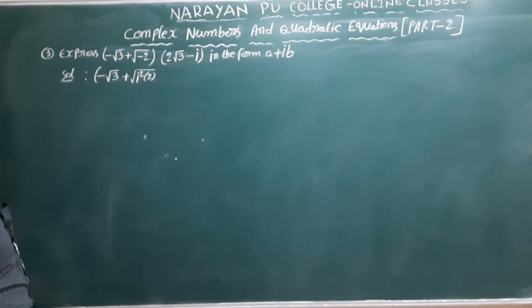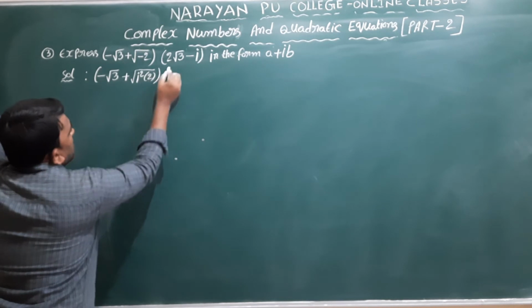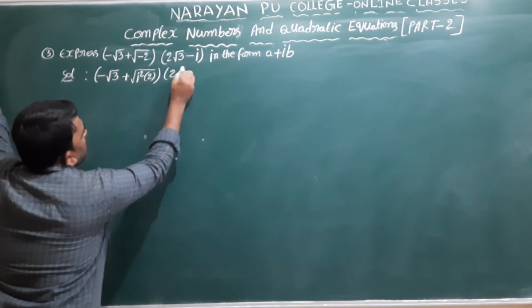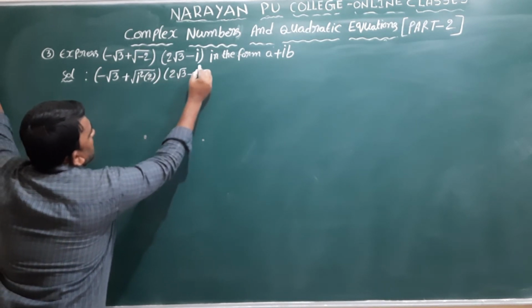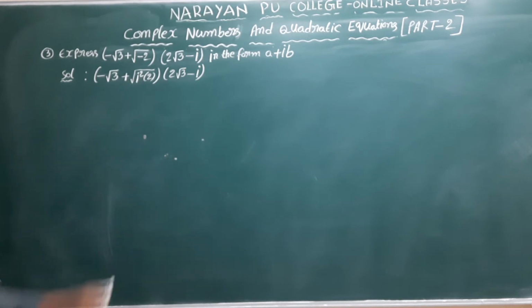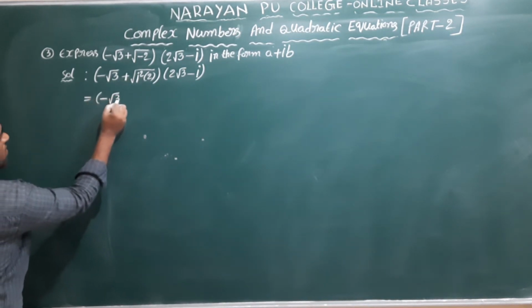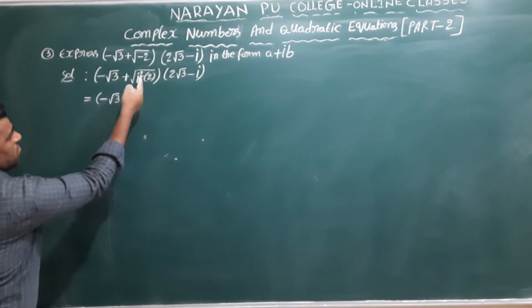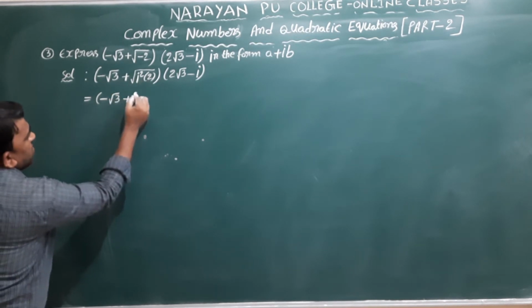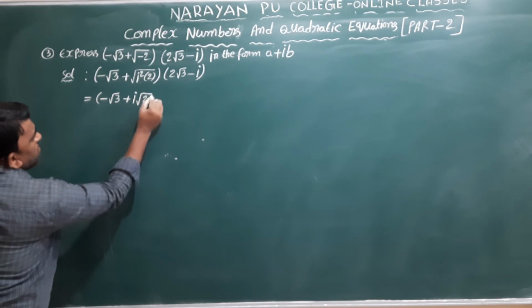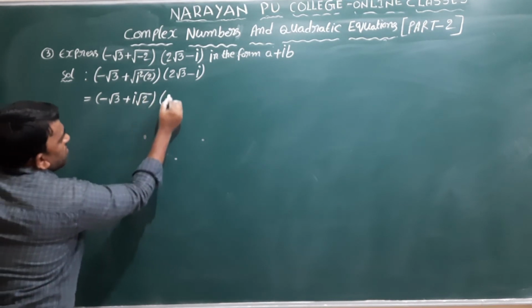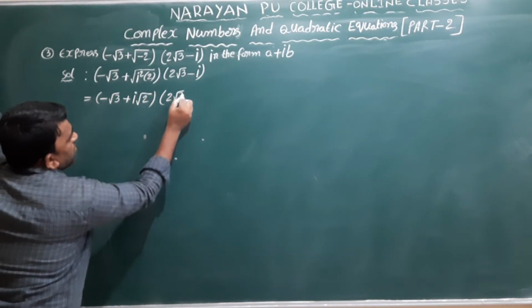Then it is converted into positive. Into 2 root 3 minus i. So this one, minus root 3 plus, while taking out i square from inside the root, i into root 2, into 2 root 3 minus i.